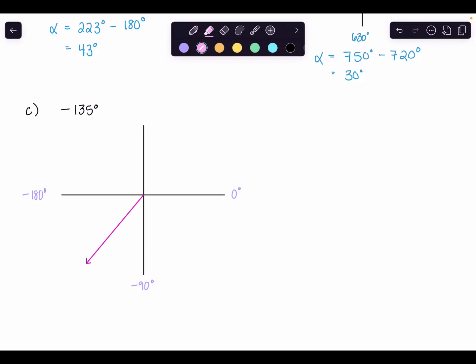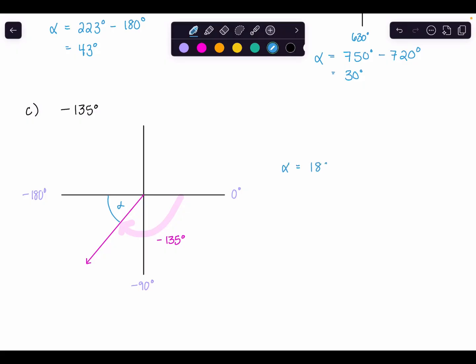Let's try one more of these, negative 135 degrees. Again, draw a nice little picture. Here is 0 degrees. Now I need to go backwards. So this is negative 90, negative 180. And now I'm good. My terminal side of my angle is lying somewhere in here. So I started here and I went backwards. This is negative 135 degrees.